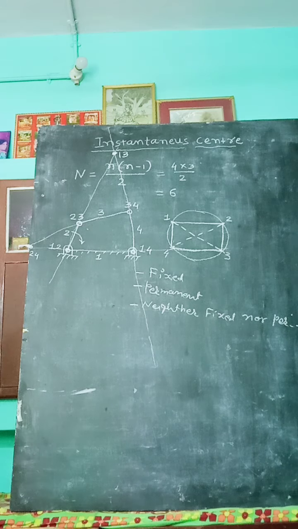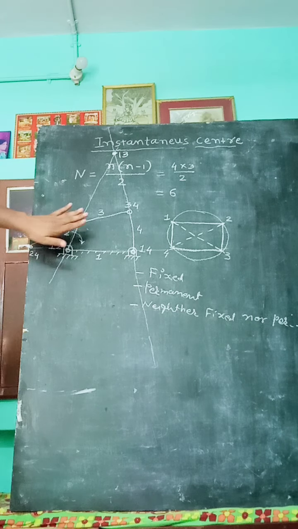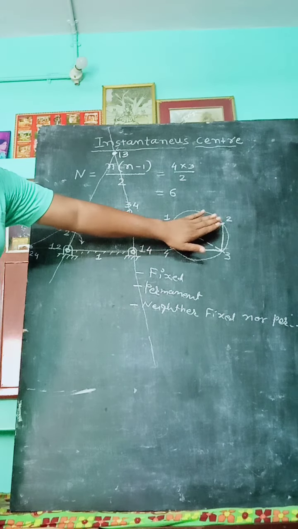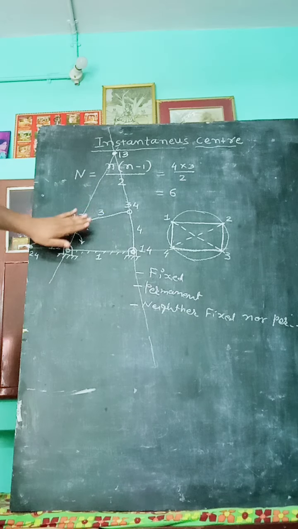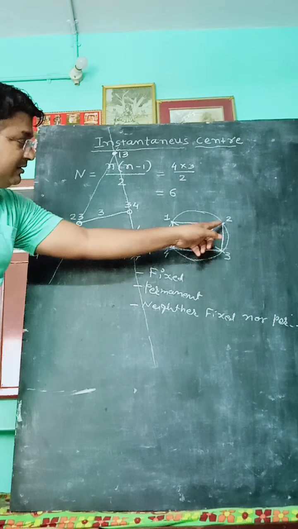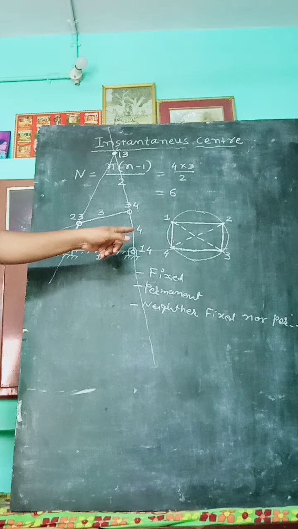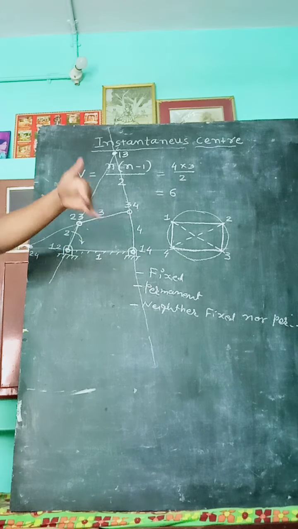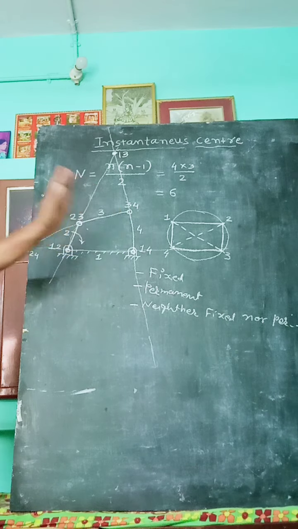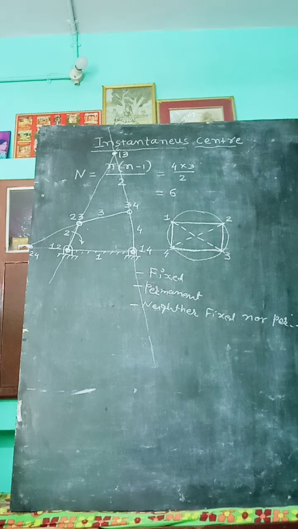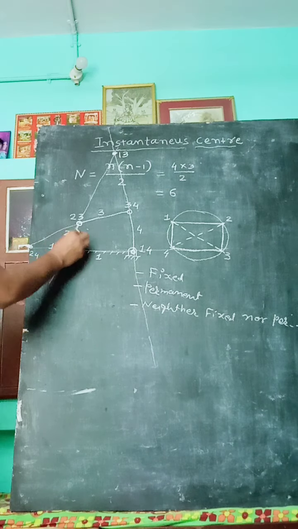Okay, so how to locate instantaneous centers and how to determine the new, probable instantaneous centers, it is now clear in our mind. We know the omega 2.